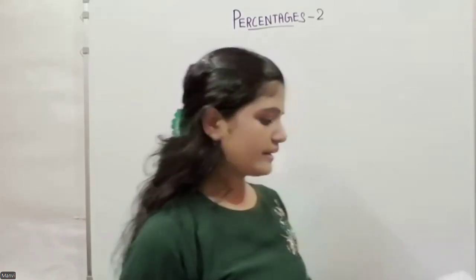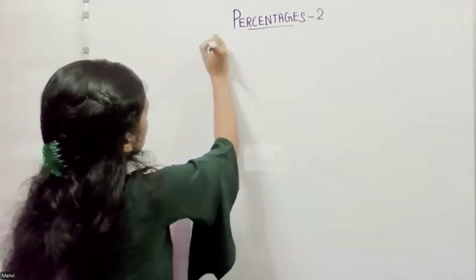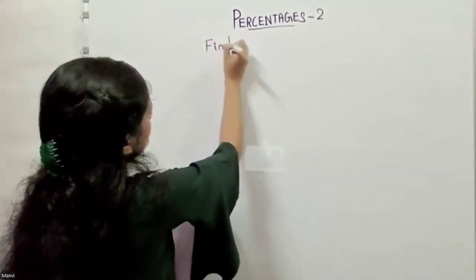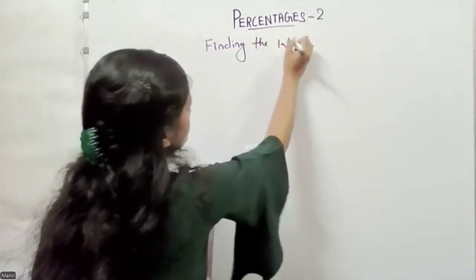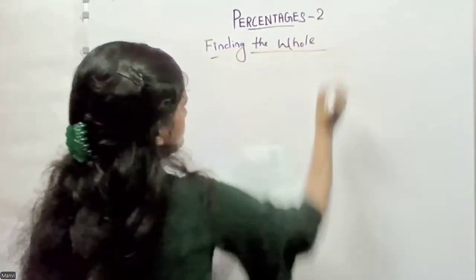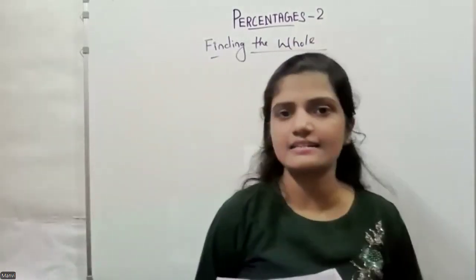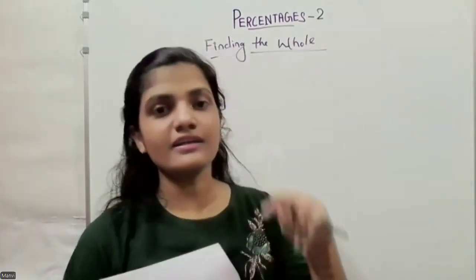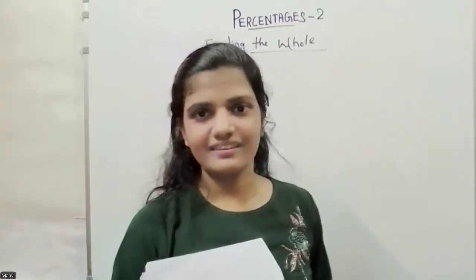Yes. Okay. So the next topic is how to find the whole. I need help on this. Let me explain first. We already covered this in our last class. That's why I told you that we are revising all those things again in this class as well.